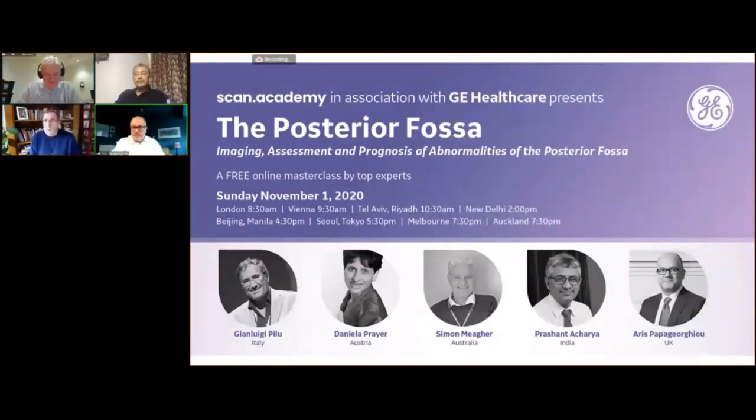Simon will be talking to us about what's feasible in the first trimester. Gianluigi will be talking us through the nomenclature, the normal development, the abnormal development in the second trimester, which is when most of us see these abnormalities. And Daniela Pryor from Vienna will be joining us to talk about what MRI can contribute to the diagnosis.